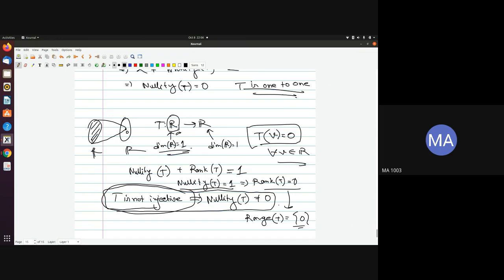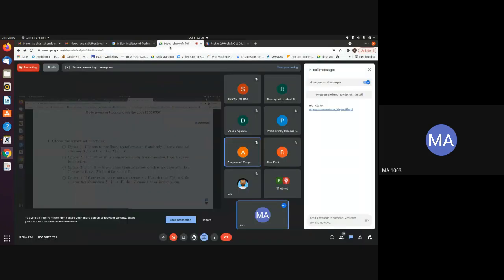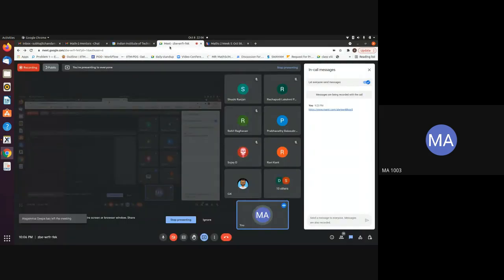When T is injective... Do you know when a function is injective?